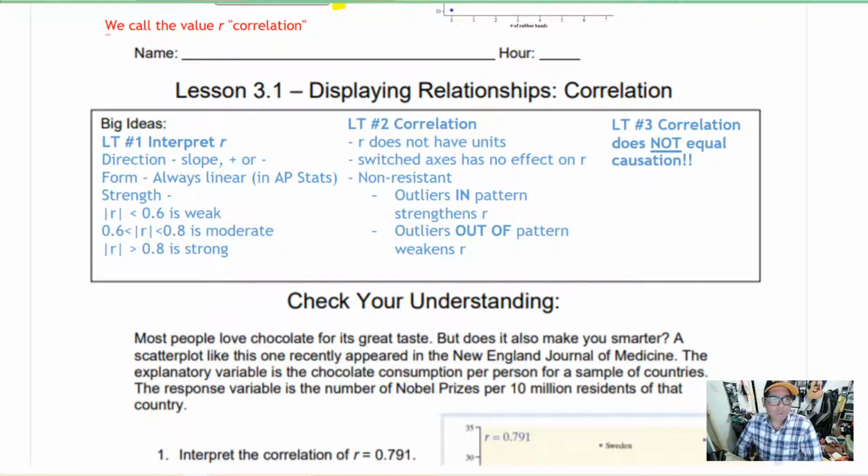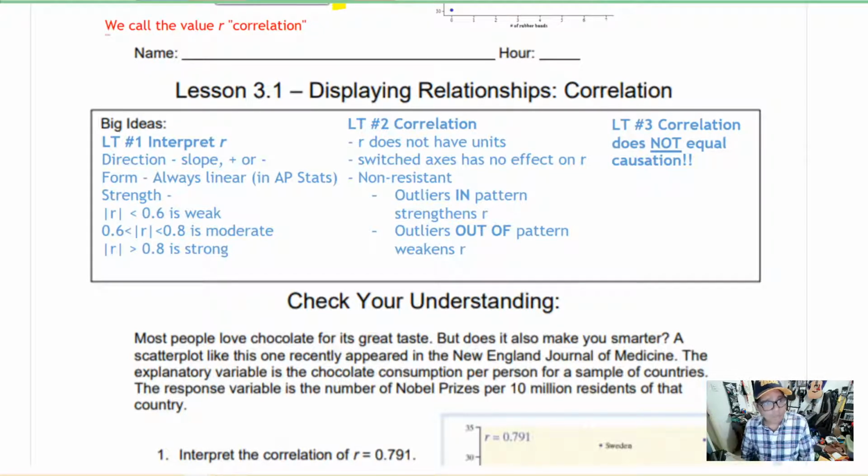So more about correlation. R does not have units. It's a unitless number. If you switch the axes, so if you make a mistake and you say that your explanatory variable was actually your response variable and vice versa, that's not going to have an effect on R. And that's because you're not changing the distances between the points in your scatter plot.